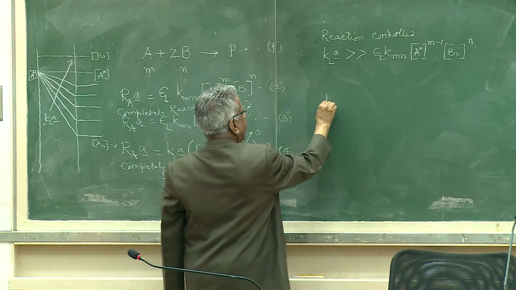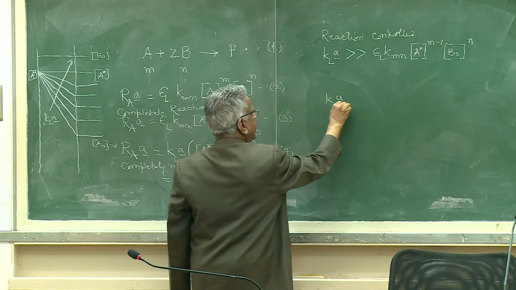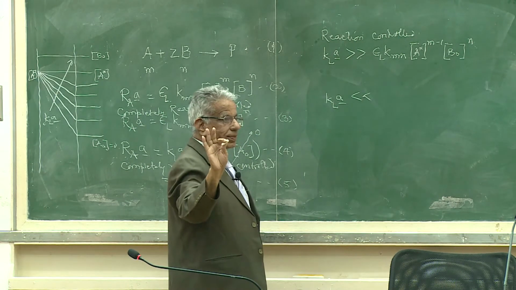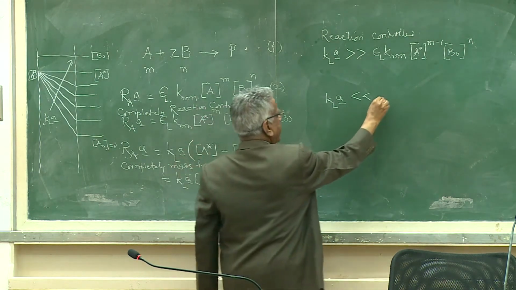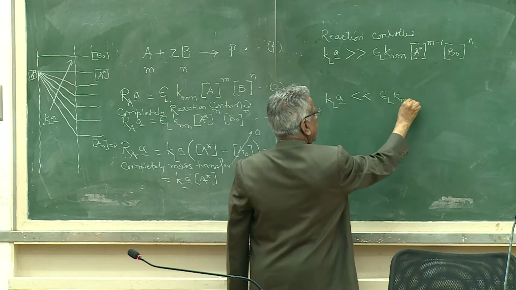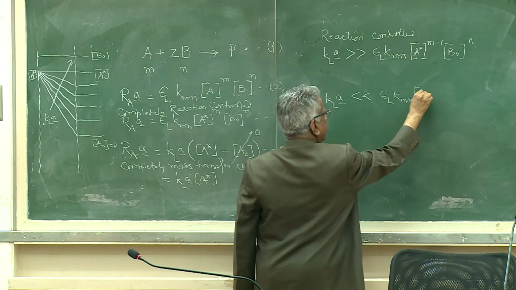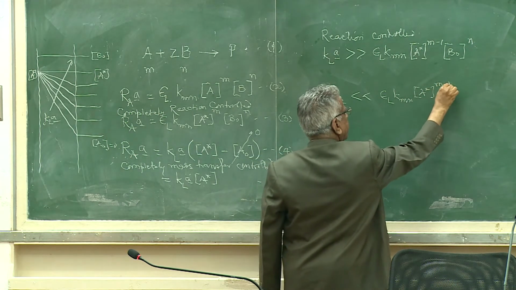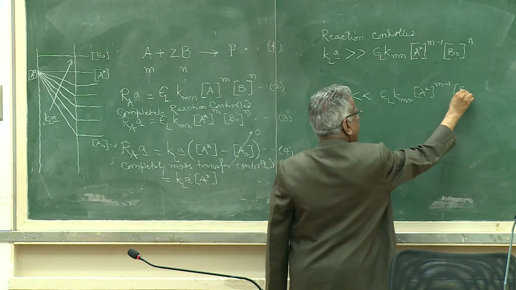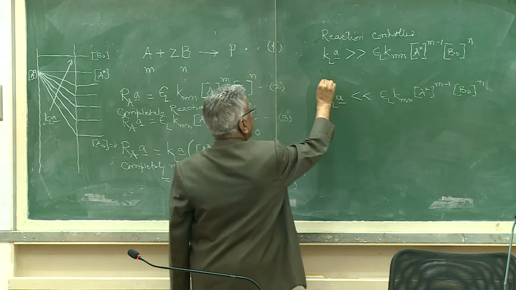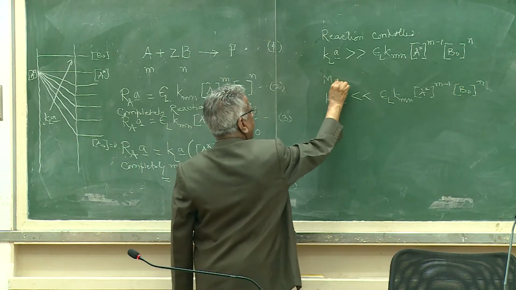And if KLA is much less than, I have already told you 20 times is much less, epsilon L Kmn A star raised to m minus 1 B naught raised to n, and we call it mass transfer control.